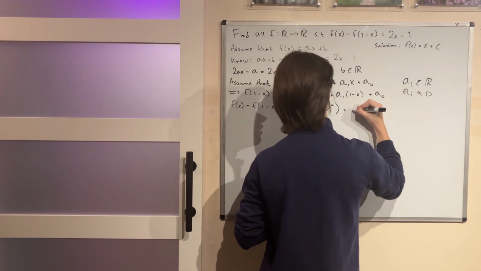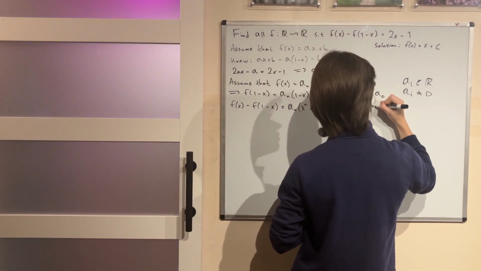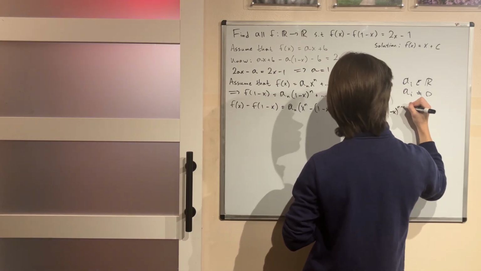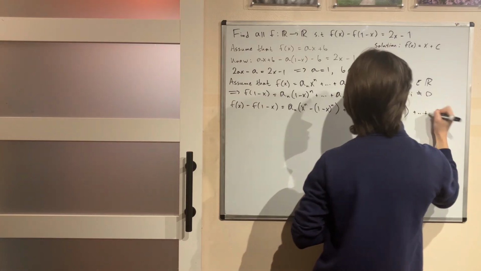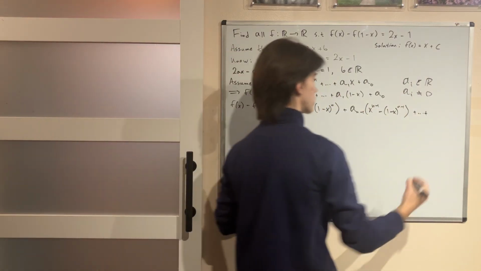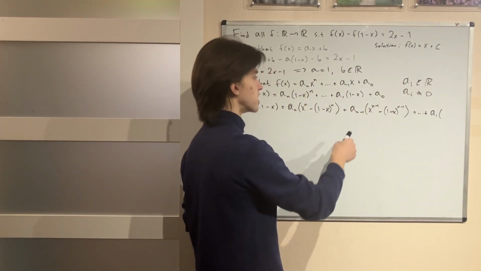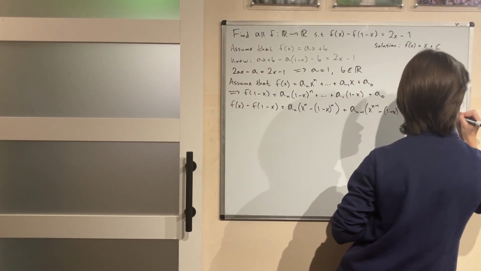Then we add the next constant times the same difference, x to the n minus 1 minus 1 minus x to the n minus 1. And we keep adding all the way until the last coefficient, where we get a1 times x minus 1 minus x, which just becomes 2x minus 1.